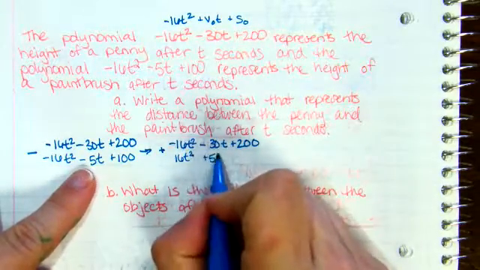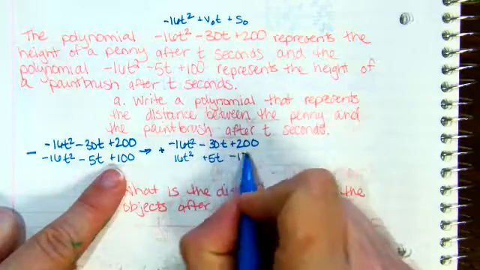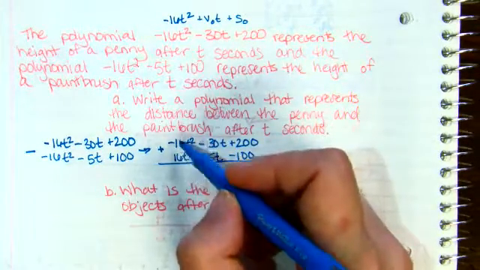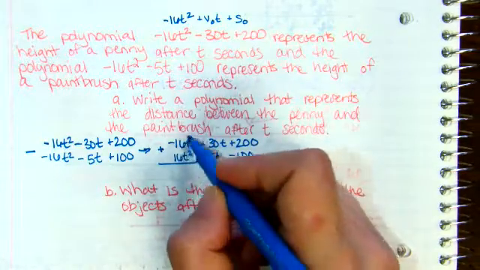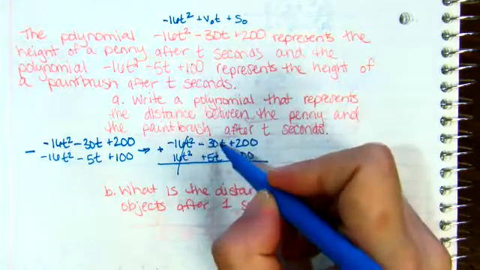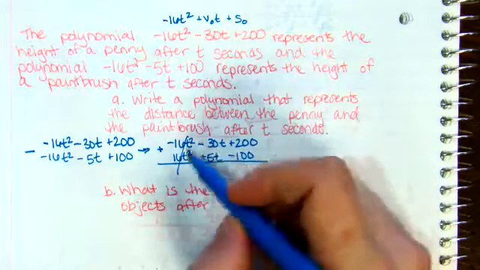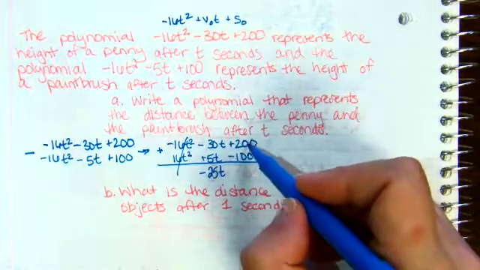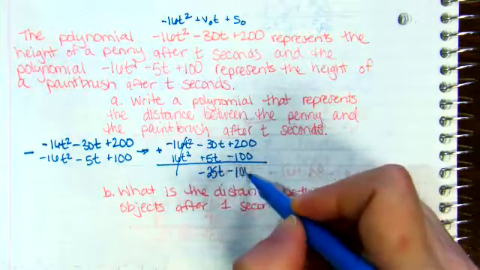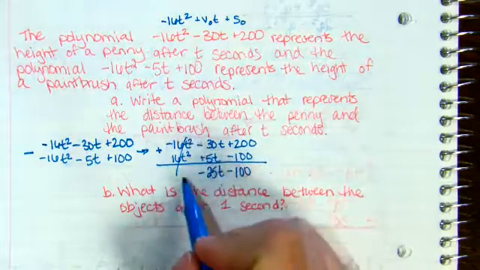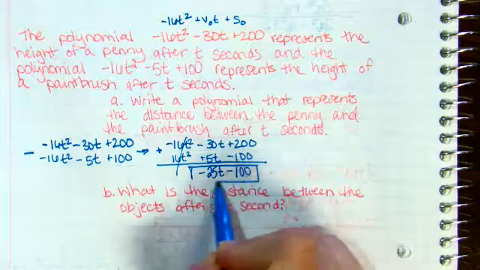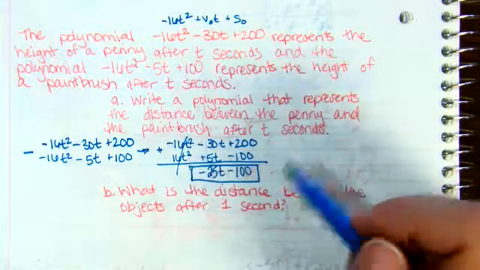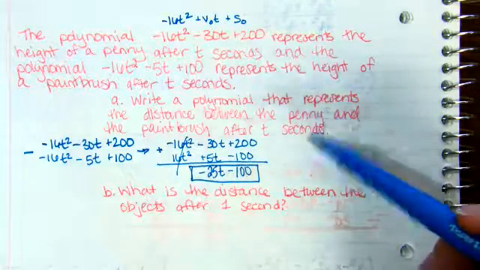This will become a positive 5t, and that will become a negative 100. So my t squared terms have opposite coefficients, so that's 0. I have negative 30t plus 5t is negative 25t, and 200 minus 100 is 100. So this expression right here, negative 25t plus 100, represents how far apart the penny and the paintbrush are after t seconds.